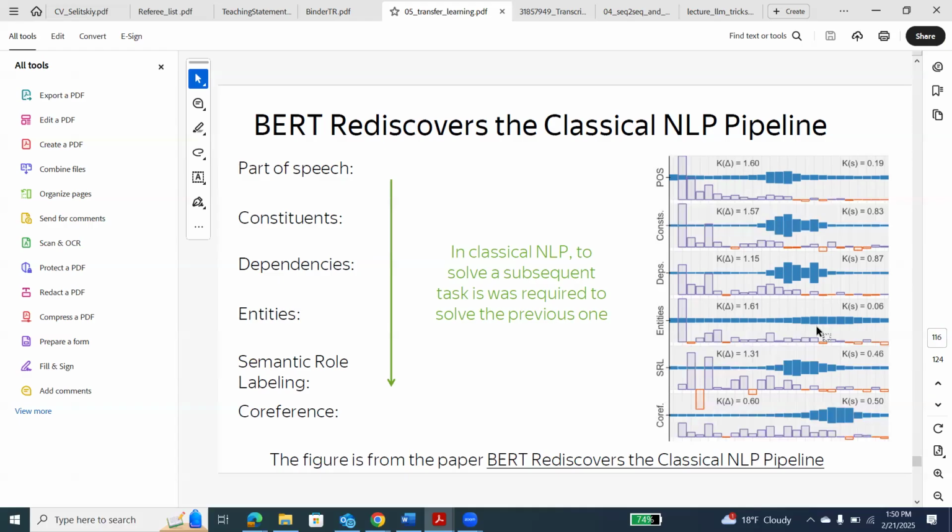So at this point, these linguists that didn't like neural networks were happy because they said, oh, we were right that we use this sequence of the tasks, because even BERT understands that these tasks are more difficult or easier, looking at the depth of these layers.